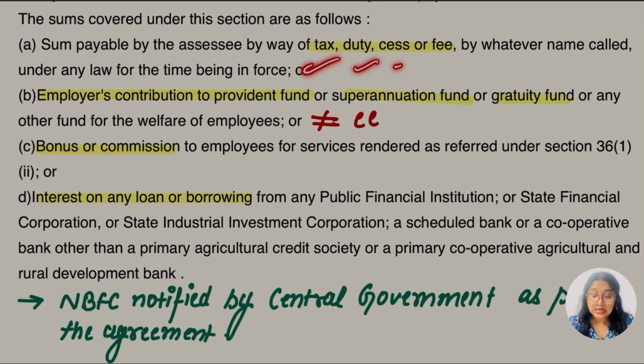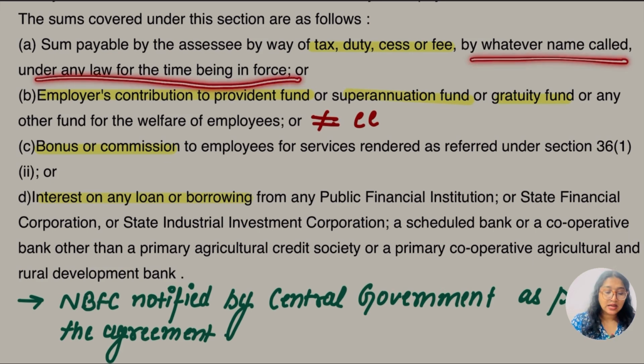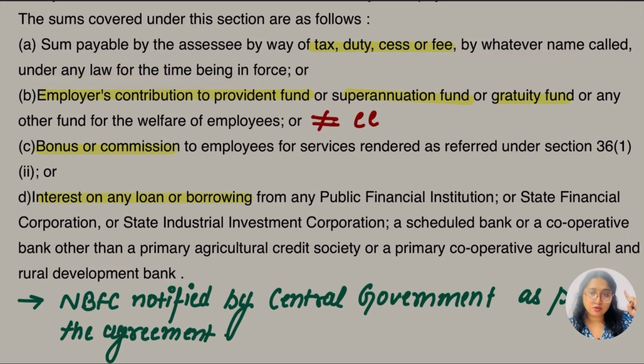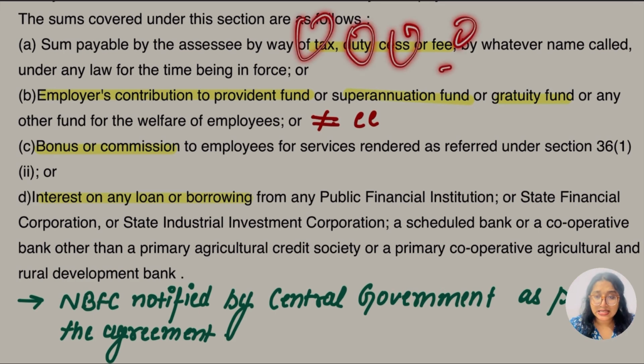As I told you, tax, duty, cess, fees, GST is also a tax, so why be so confused. It is included by whatever name called, under any law for the time being in force. So the very first point is about the sum payable by the assessee by way of tax, duty, cess, fees, TDCF.